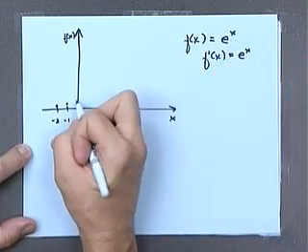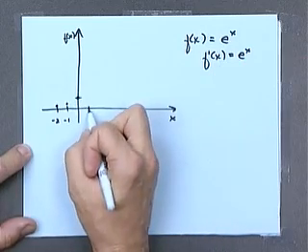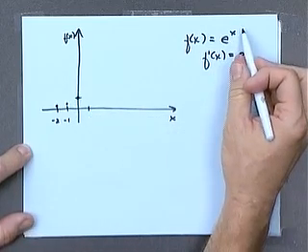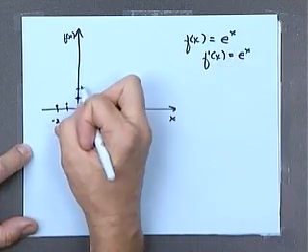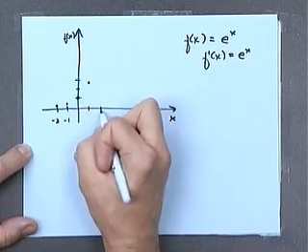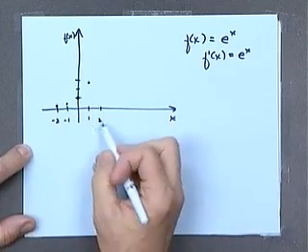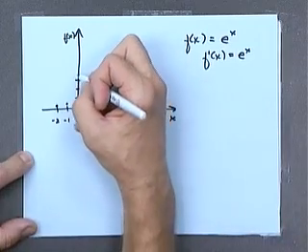E to the 0, I'll do my part, that would be 1. E to the first ought to be just e, 2.71. And e to the second, 7.39.